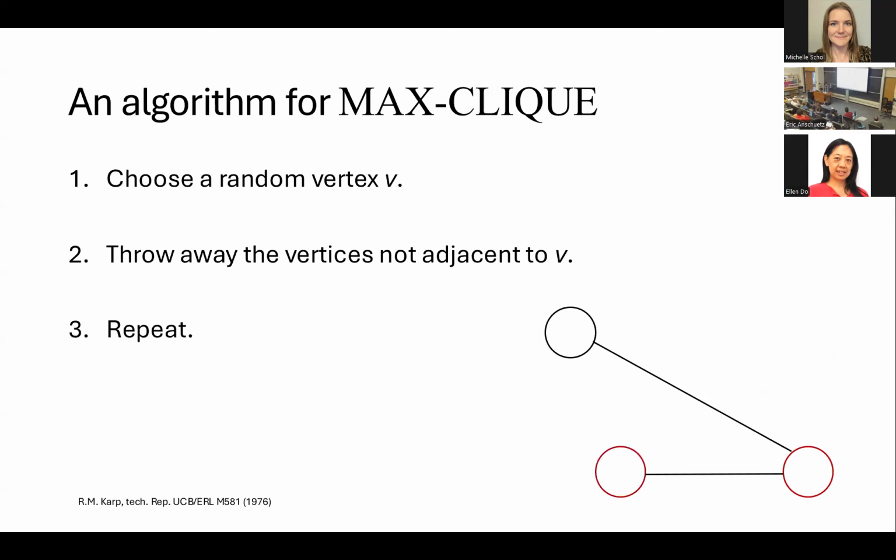So now I pick some other random vertex. I throw away some vertices. And at every step, if I have one of these Erdős-Rényi graphs, I expect to throw half of the vertices away at each step, right? If I included each edge with probability a half, roughly at each step I'm throwing away half the vertices. So this process terminates after log n steps.